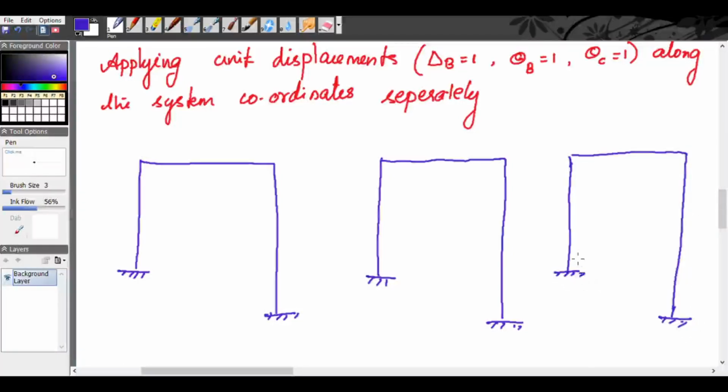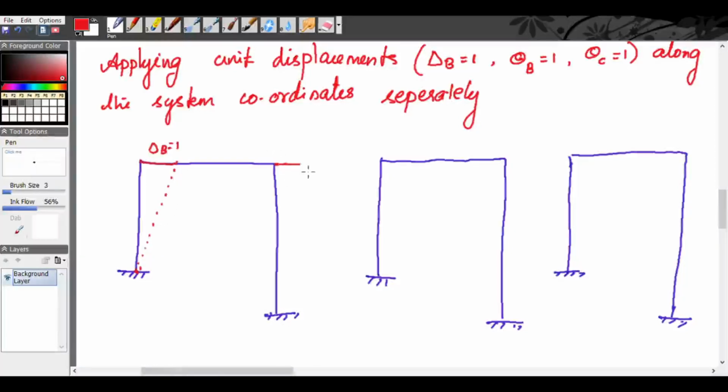In the first case you will be applying delta B equal to 1, right? So here you can apply delta B is equal to 1. So this much, okay? So this column will be displaced here.